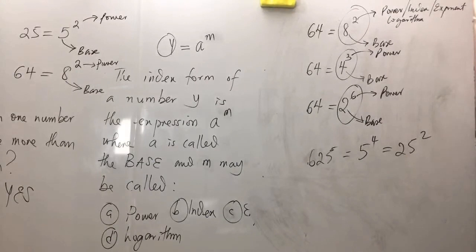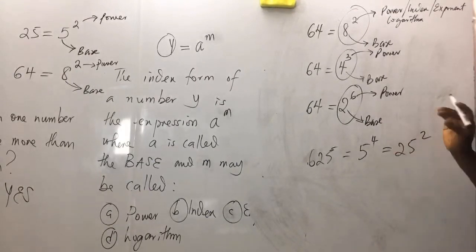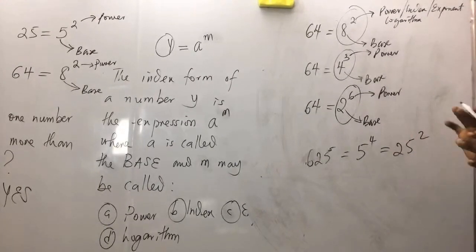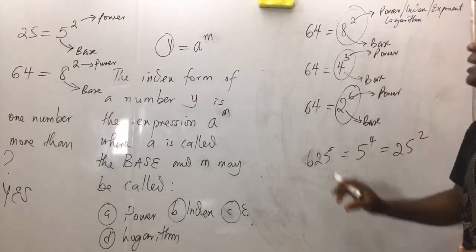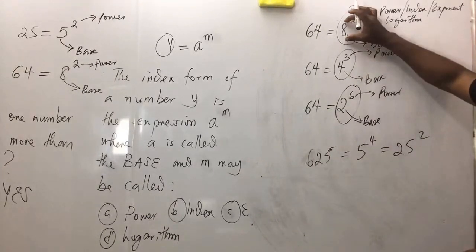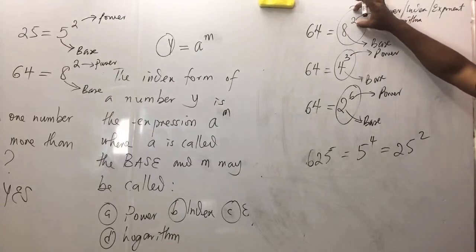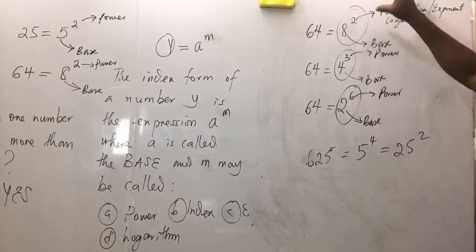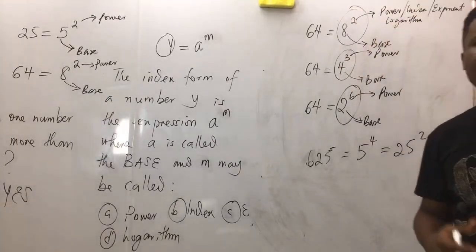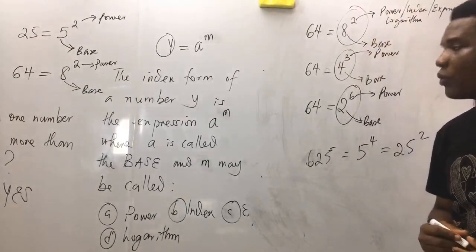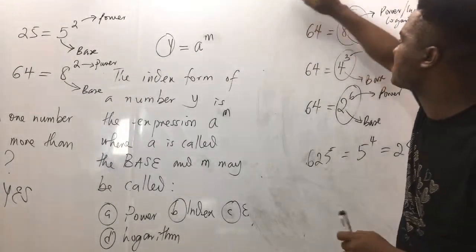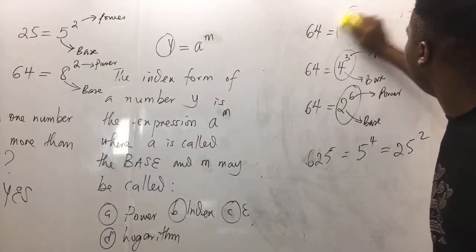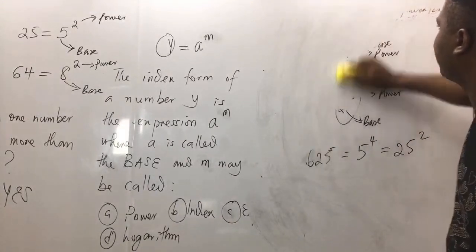So these are instances of numbers having more than one index form. So what again is the index form of a number? It is an expression having a base and a power, which could also be called index, exponent, or logarithm, as you would see subsequently.